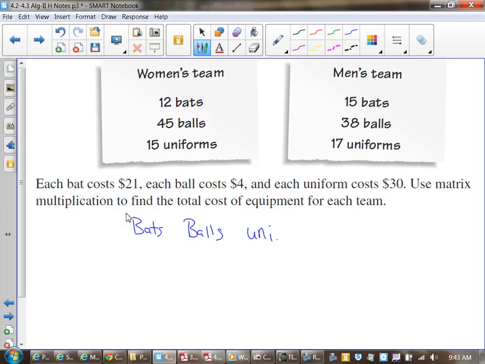Those are the 3 things that we have to work with. Now, you have 2 teams, women and men. What happens is you just start filling in your inventory. Women have 12, 45, 15, 15, 38, and 17.